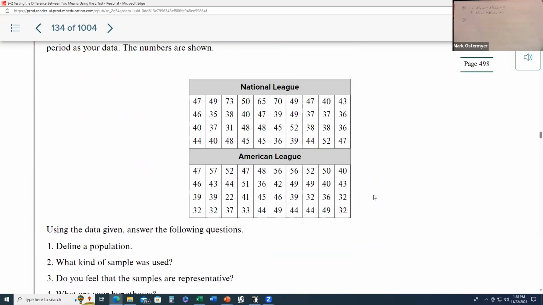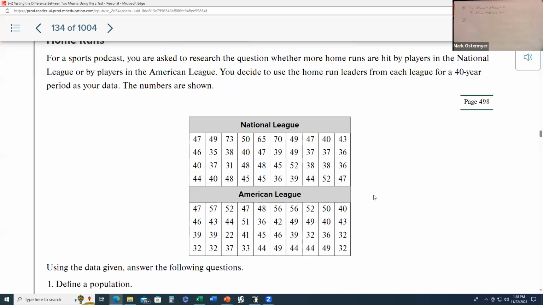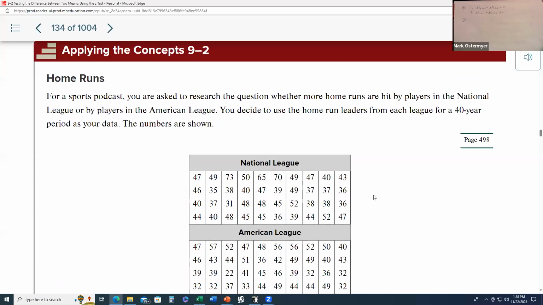Well, that's an interesting investigation there. American League, National League. Let's see what they're doing here. For a sports podcast, you are asked to research the question of whether more home runs are hit by players in the National League or by players in the American League.